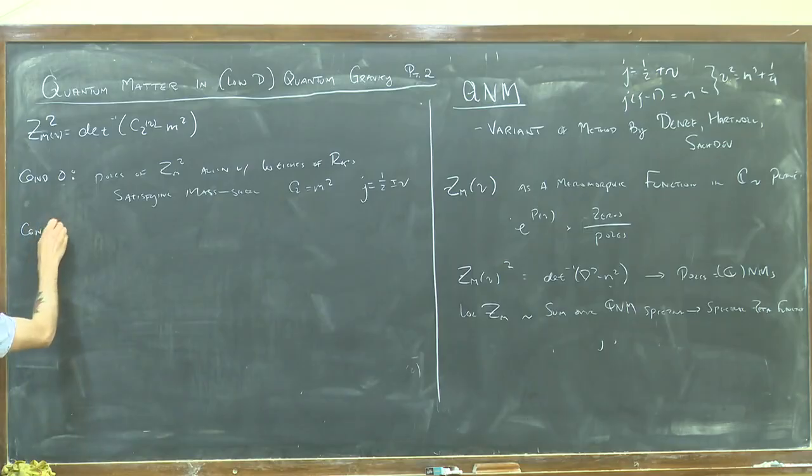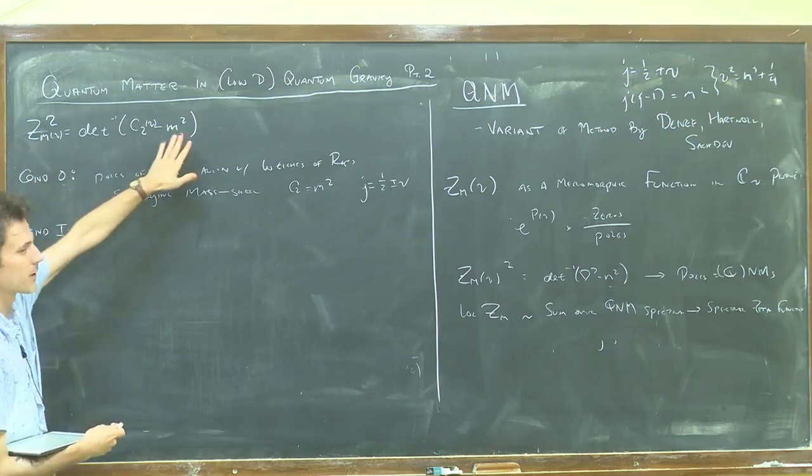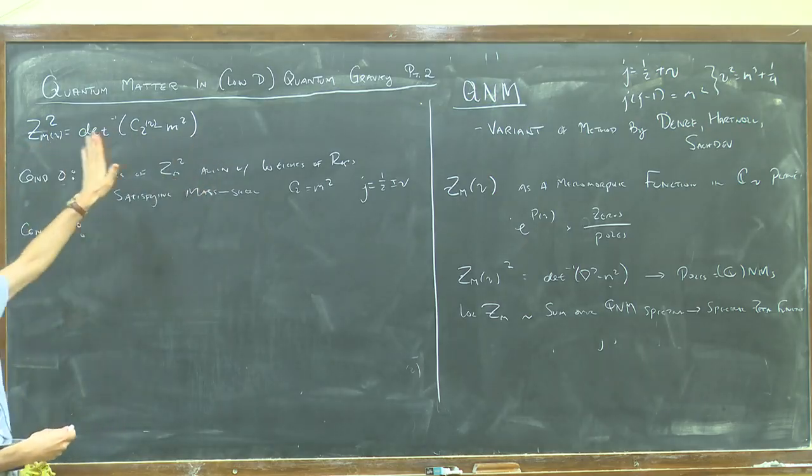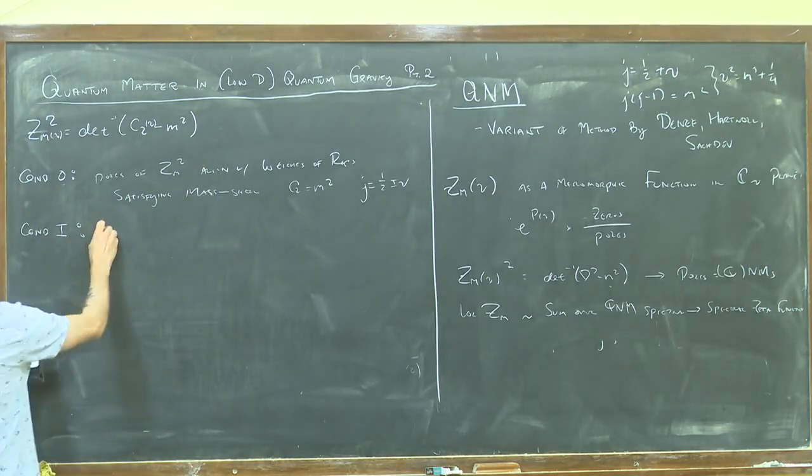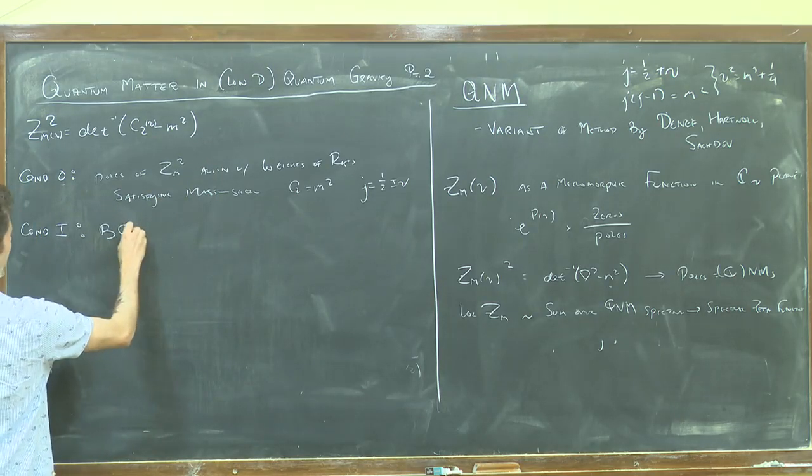So then there's condition 1, which states that my integration over field space is not over all fields, it's over fields satisfying some boundary conditions, right? So this will be the non-trivial condition here. I need to impose boundary conditions.